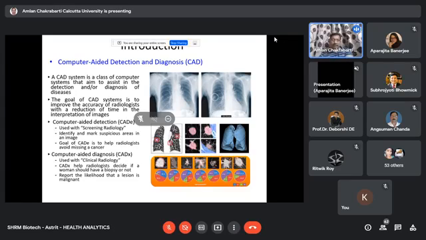The next step is that suppose we have detected the deformity, can we predict the risk in that, and can we try to capture the prognosis of the disease, right? There are techniques and tools which are coming up in a great way, and this is also one major focus of health analytics.